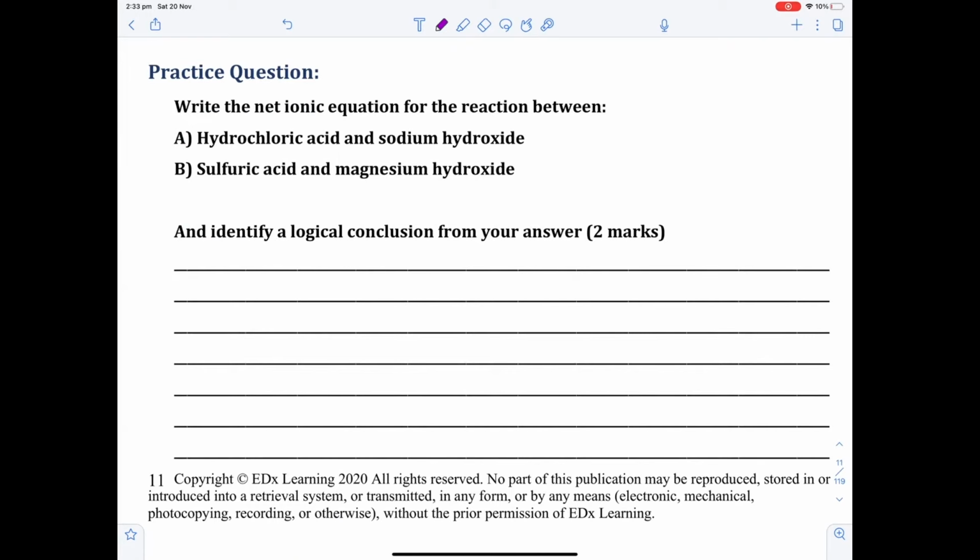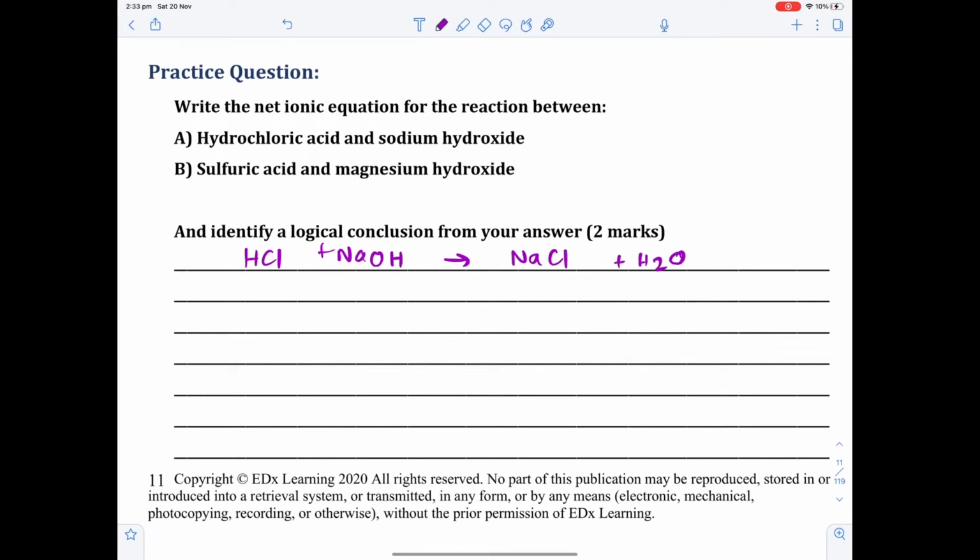Did everyone get this? The first one I got was hydrochloric acid plus sodium hydroxide gives sodium chloride plus water.